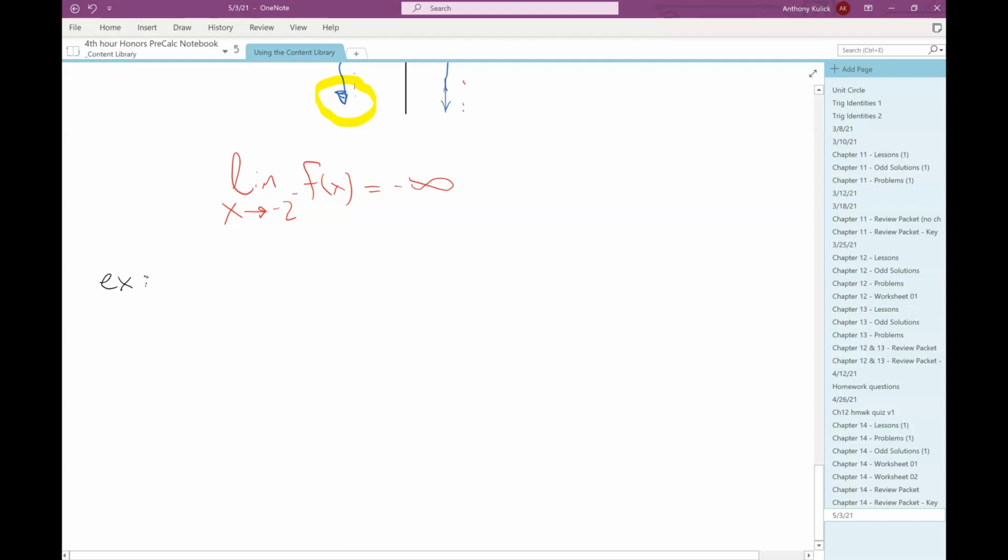Let's do another. Let's say we have the function f of x equals x squared minus 4x plus 5 over x plus 2.